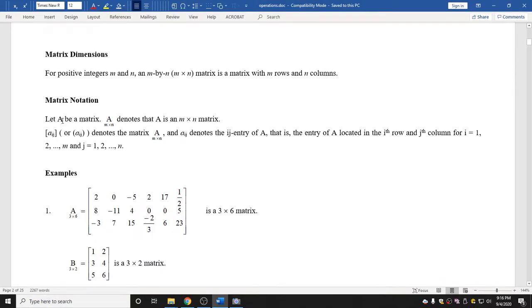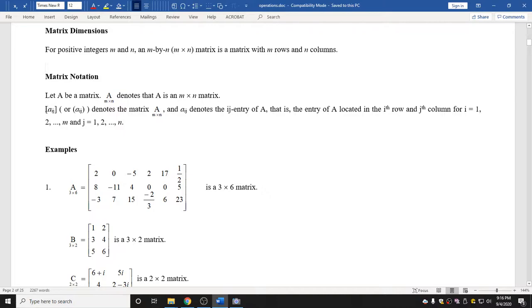In this class, when we have an m by n matrix and we name it A, we can denote that by A subscript m by n. This is communicating that you're looking at the matrix whose name is A that happens to be of dimensions m by n.